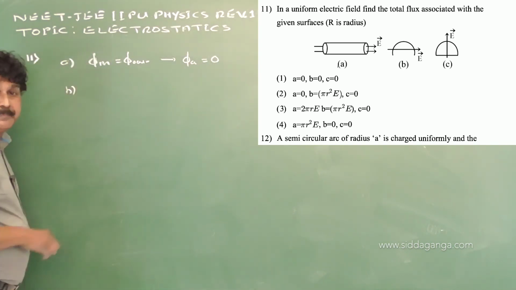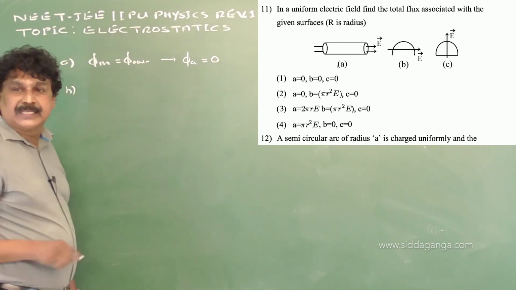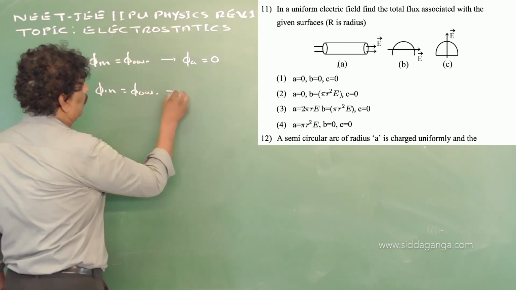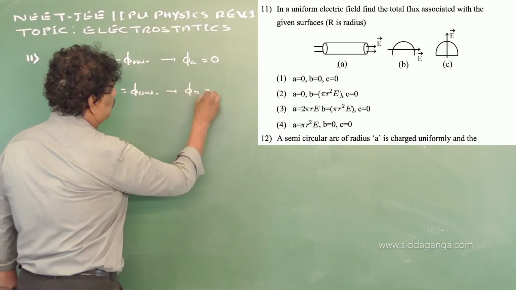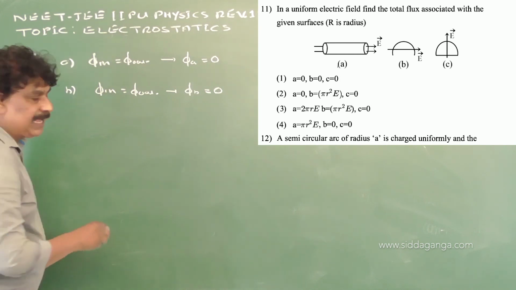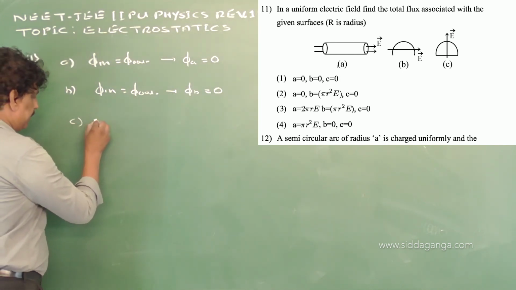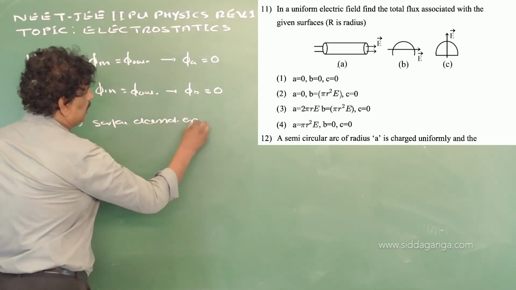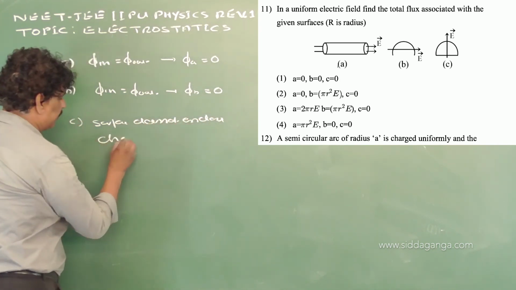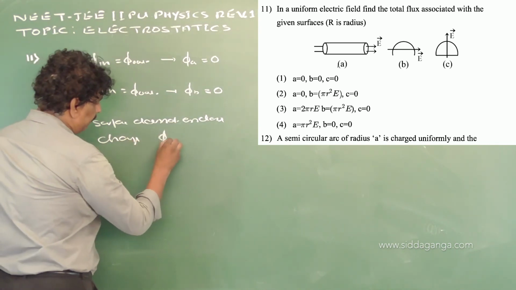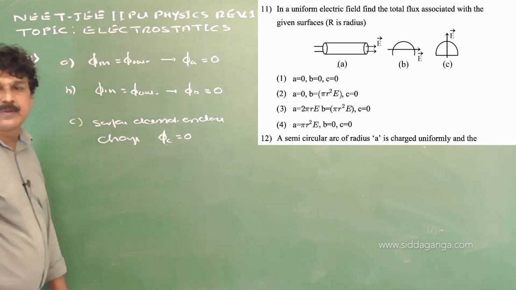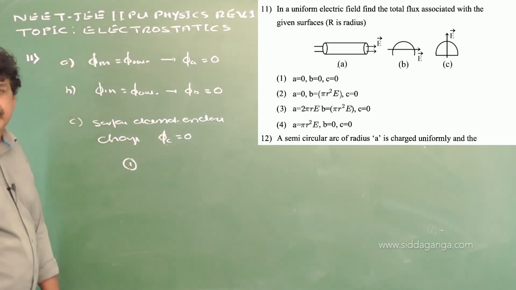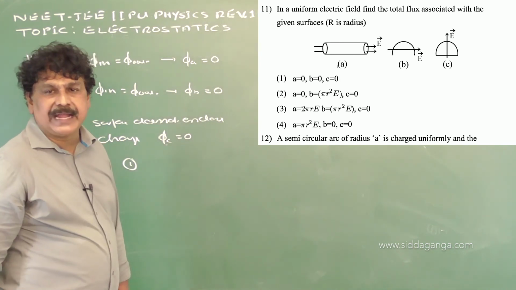In figure B, again the total flux inward is equal to the total flux outward. Therefore, the total flux passing through it is 0. And C, the surface does not enclose charge. Therefore, flux C is equal to 0. Therefore, the final answer is 1. The flux through A is 0, B is 0 and C is 0.